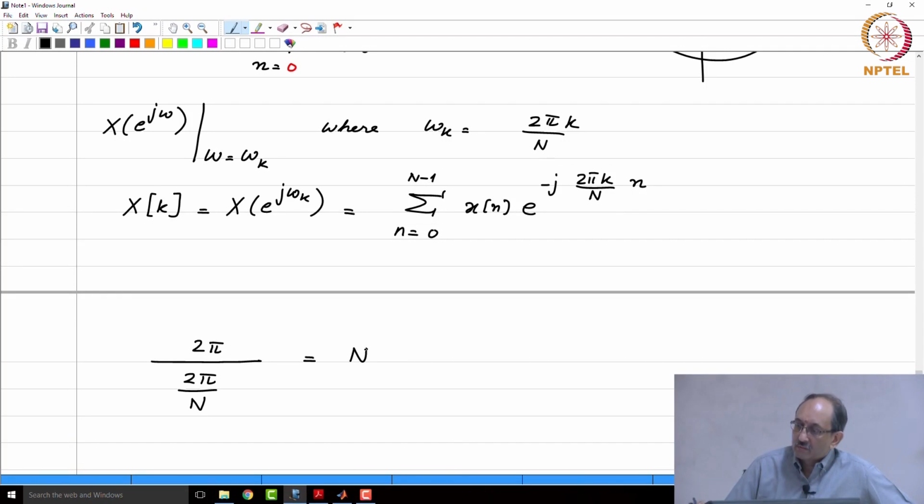and hence you see that the repetition in the other domain happens with a periodicity of capital N, which is what we should expect, because just because you view the DFT as being samples of the DTFT, you cannot get rid of the periodicity.